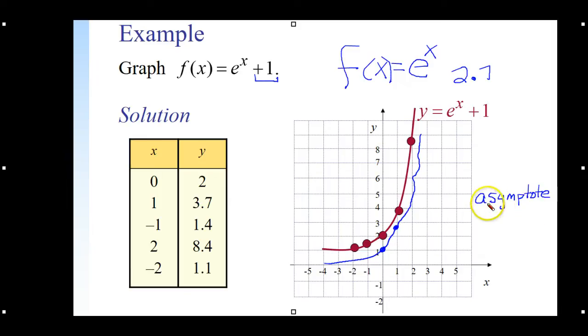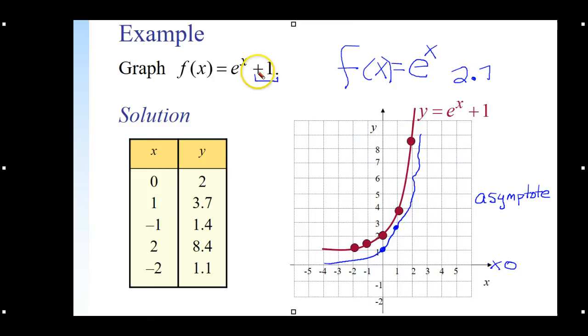Now we did mention the asymptote, that for this one it would be your x-axis here. And again, by definition, as this line gets closer and closer but never reaches 0 here, that is your horizontal asymptote.